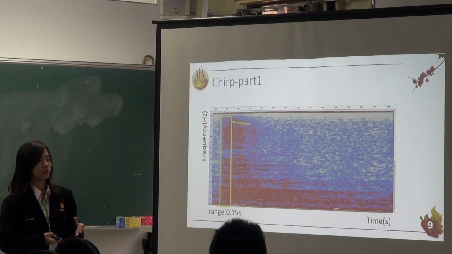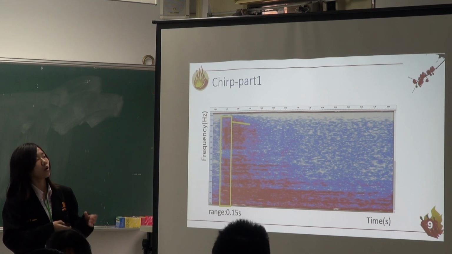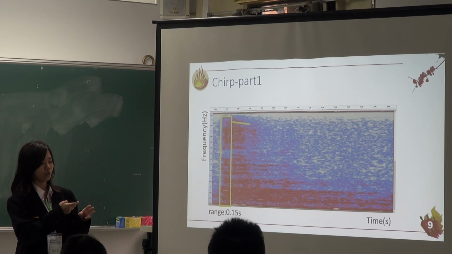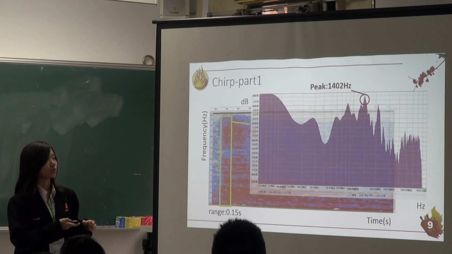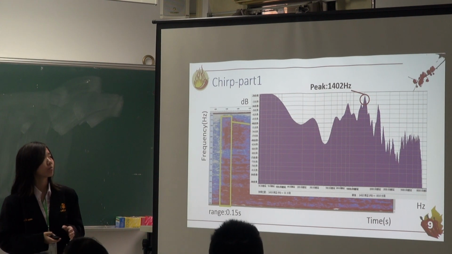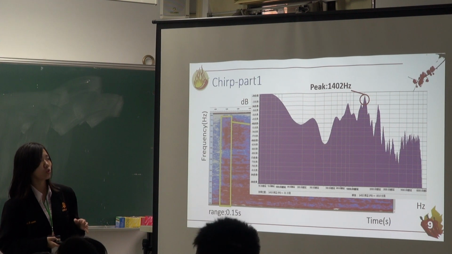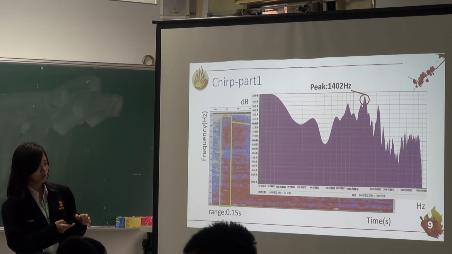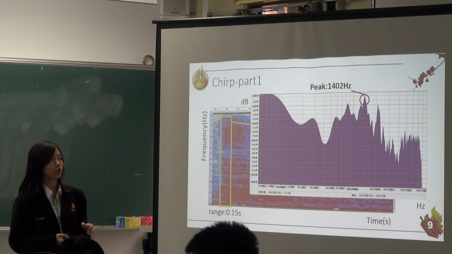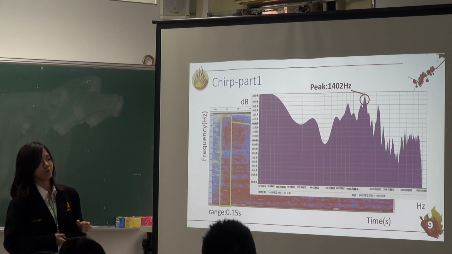Because I cut the chirp into 3 parts, and for the first part, I use the spectrum to see the peak, and you can see the first peak is 1042 hertz, and the spectrum's vertical axis is dB, and the horizontal axis is frequency.